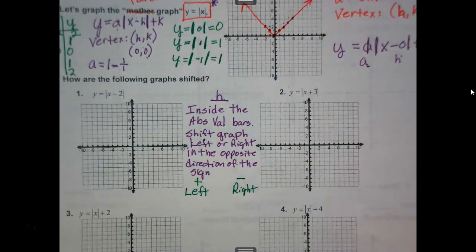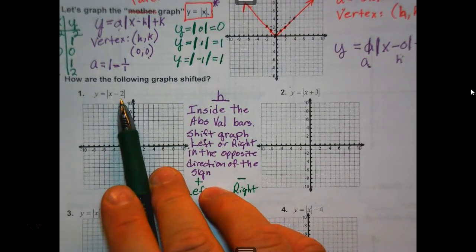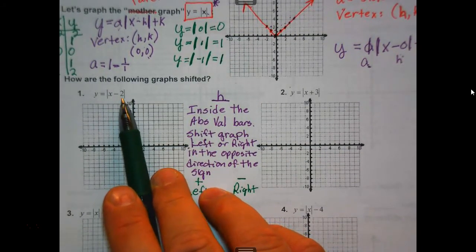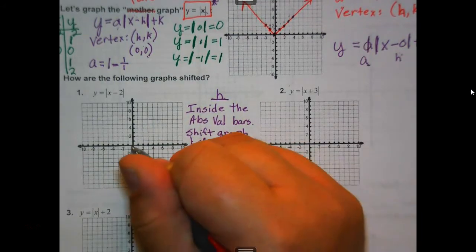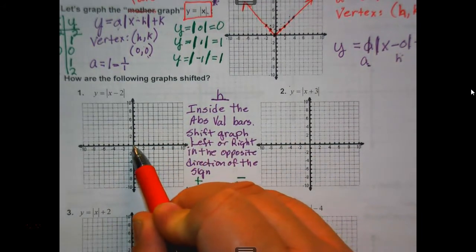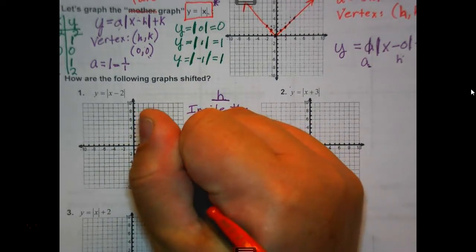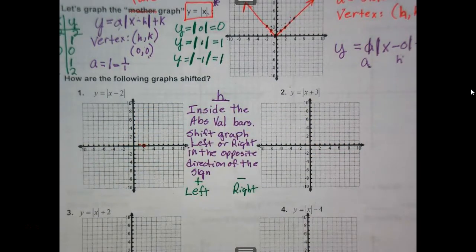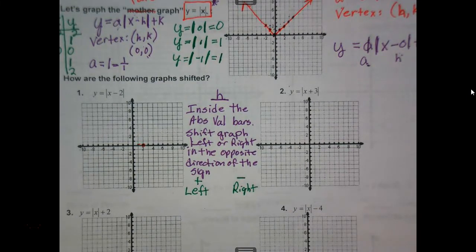So, looking at this, there's only one transformation here. I'm minusing an h. My h is 2. Which way is this thing going to shift? To the right. My vertex is going to shift to the right 2. Everything else stays the same with the graph because we're not changing the slope, we're not changing k.